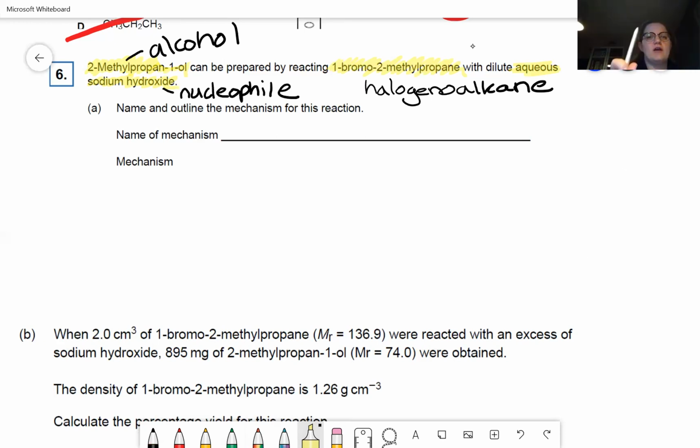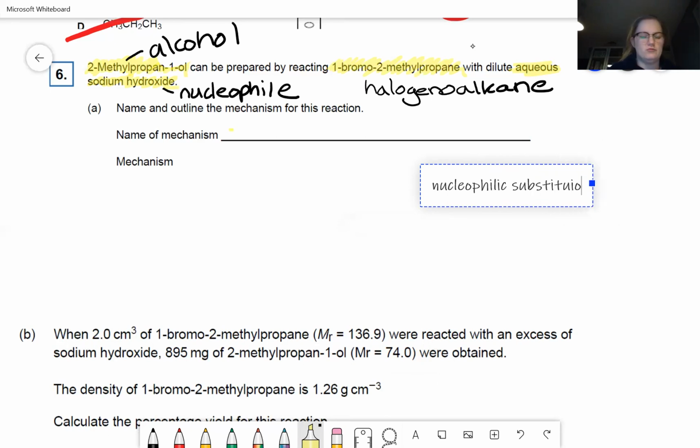But because we've got an alcohol being made, reacting a halogenoalkane in an aqueous sodium hydroxide, that means that has to be nucleophilic substitution.